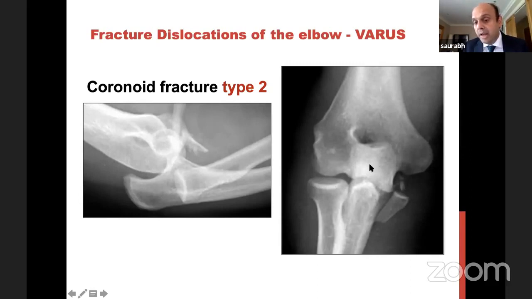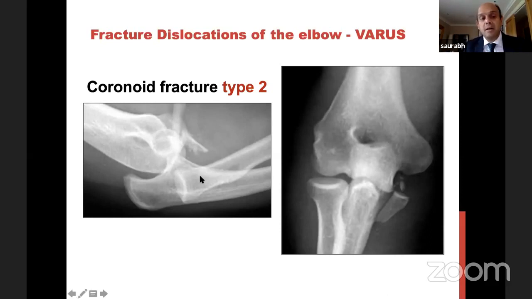Your coronoid hits the medial condyle and a big chunk comes off. So this is an anteromedial facet, which has the sublime tubercle. That's where your anterior band of the MCL sits, like we saw in the slides before.